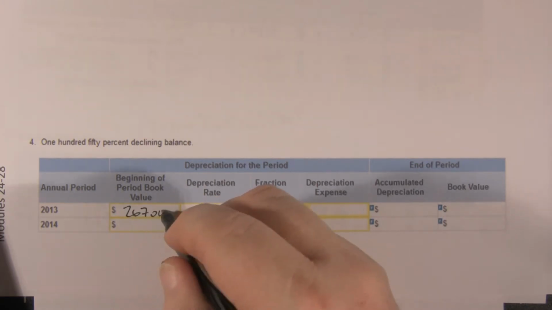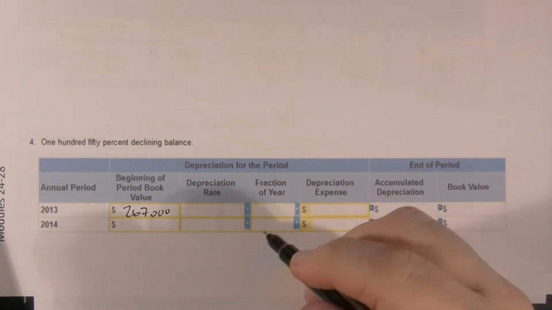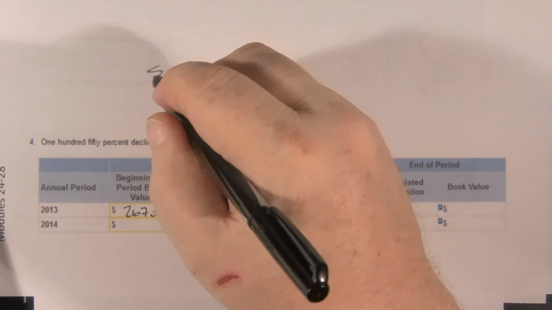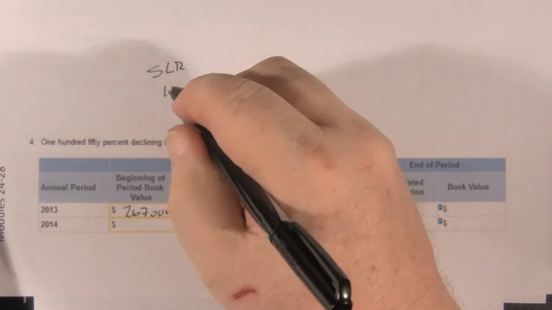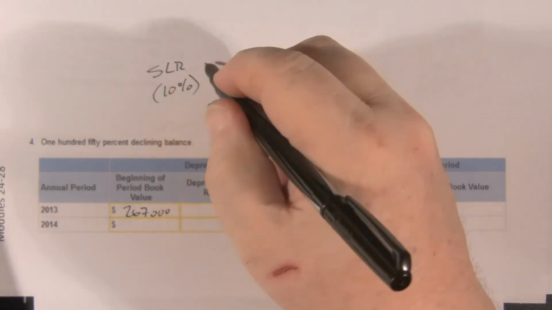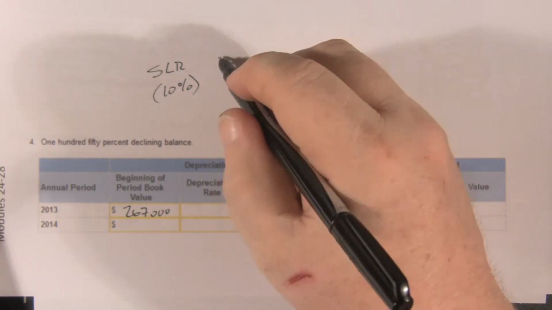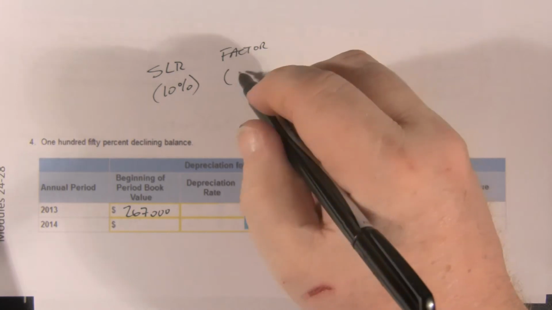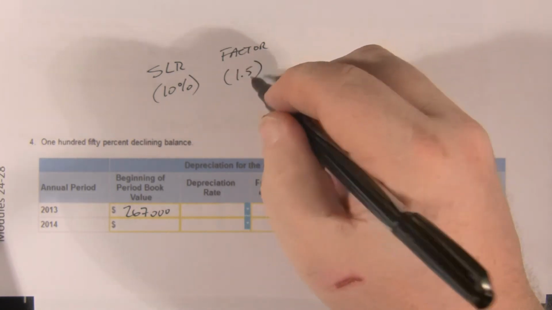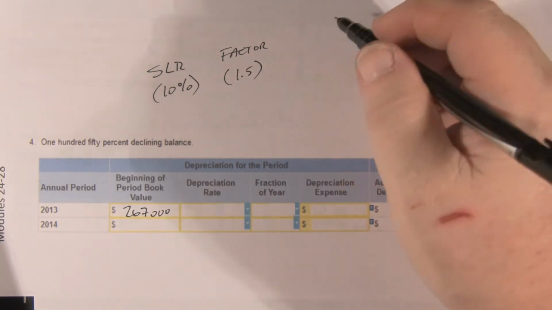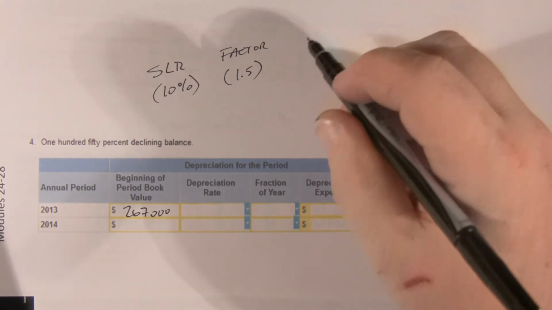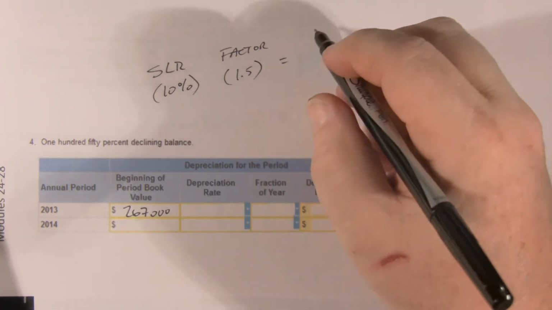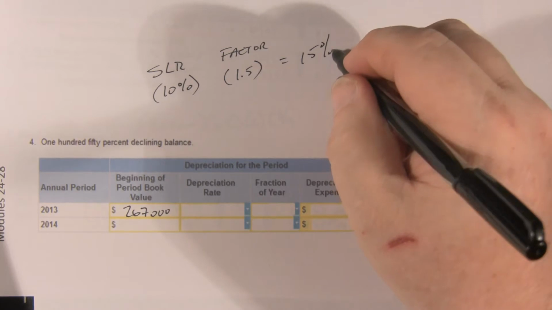We have 267,000 at the beginning, but now our straight line rate is still 10%. But our accelerator, our factor, instead of 2, is 1.5, 150%. And everything else is exactly the same. So 1.5 of 10%, our depreciation rate is 15%.